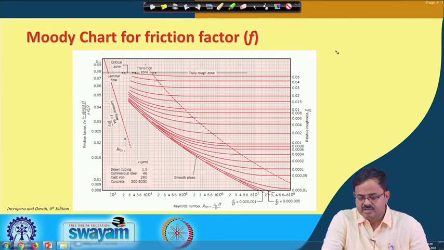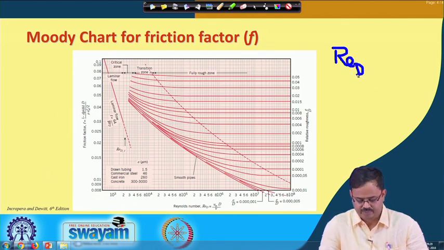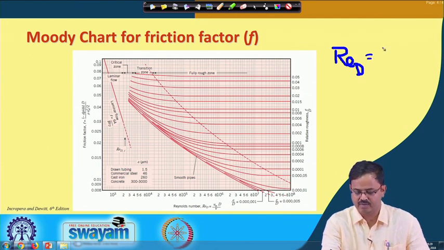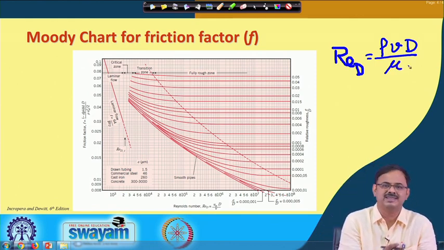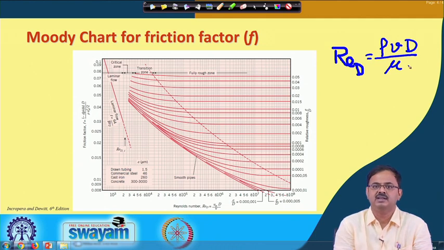Remember again, what was Reynolds number? Reynolds number was equal to rho v d by mu. Here in this curve it is u m, where u is the velocity in the x direction and m stands for mean velocity.